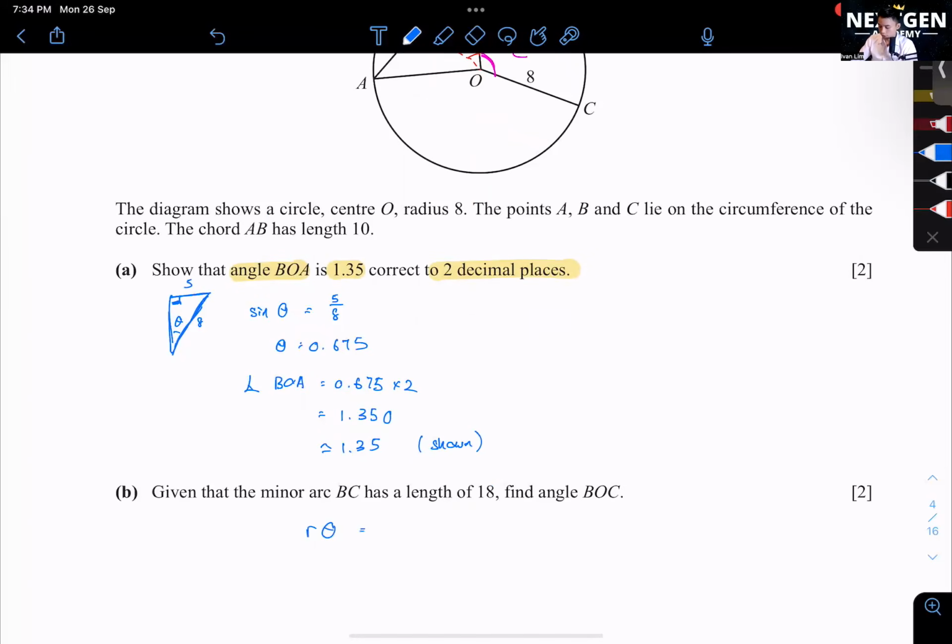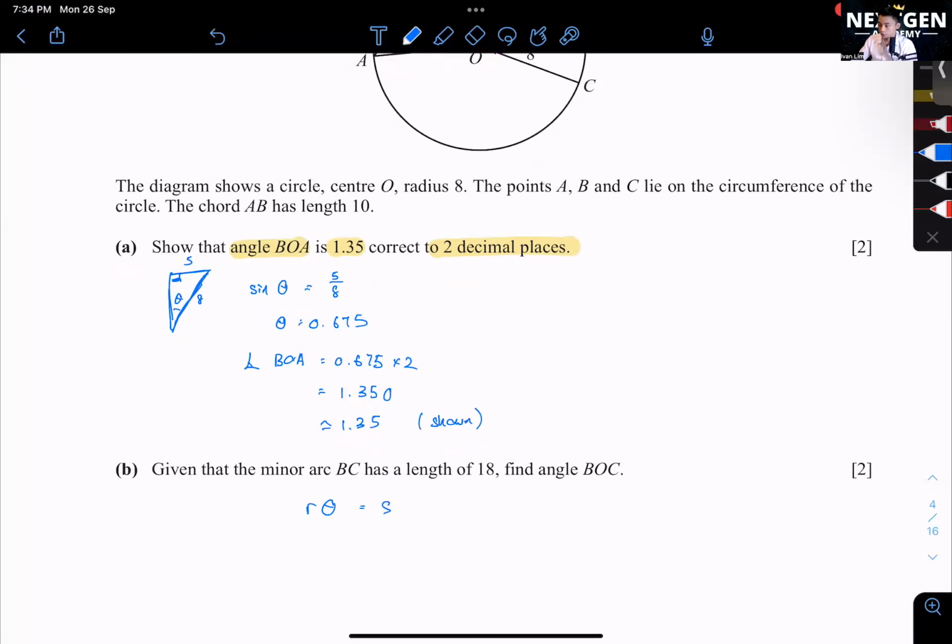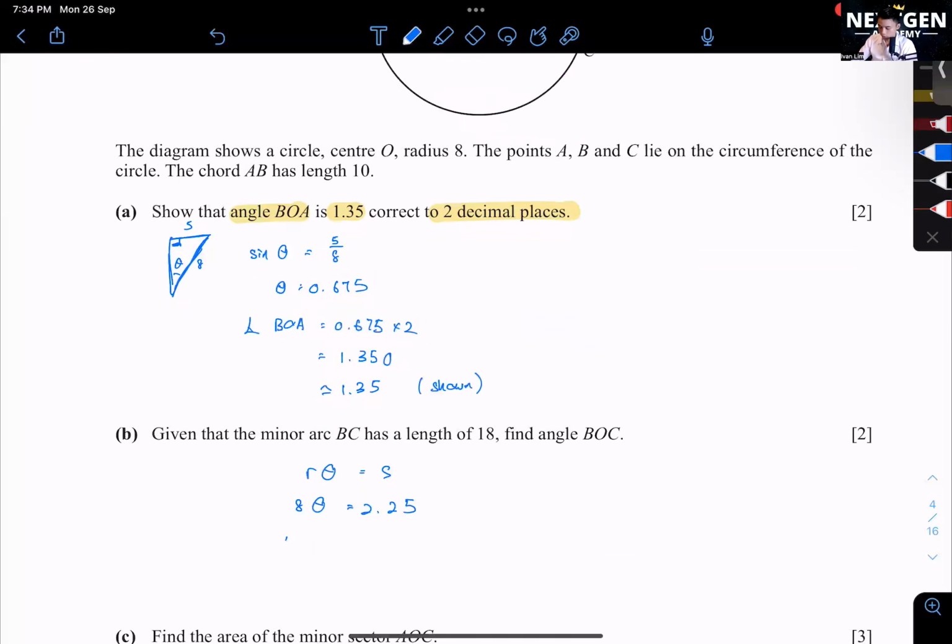Okay, S equals R theta. This will give us 8 theta equals 18. Okay, your theta here is the angle BOC. Sorry, copy too fast, right? Okay, 18 divided by 8, we'll get 2.25.